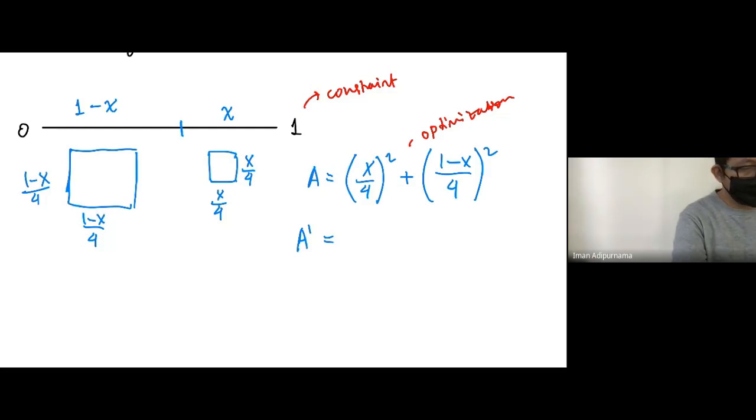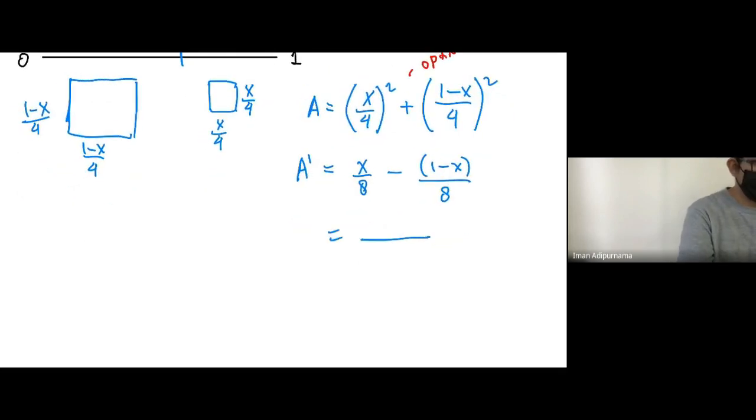So we can just differentiate this and set it to 0. 2x over 16, so this will be x over 8, minus 1 minus x over 8, right? 16 divided by 2, yeah, 8.